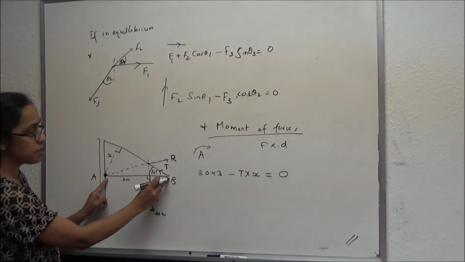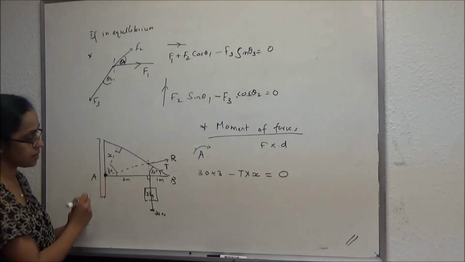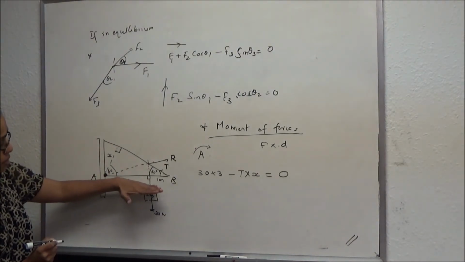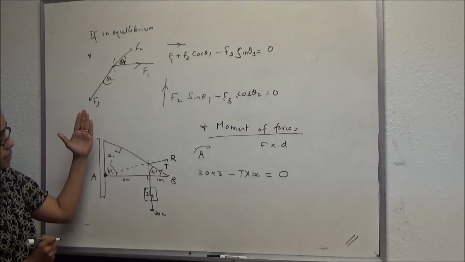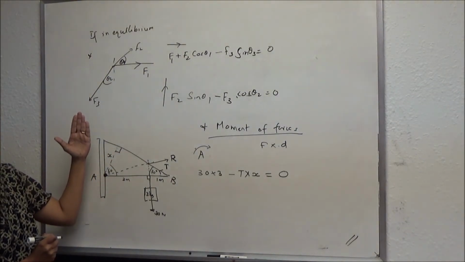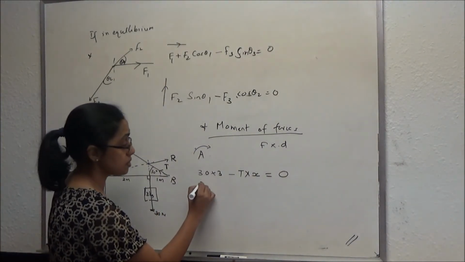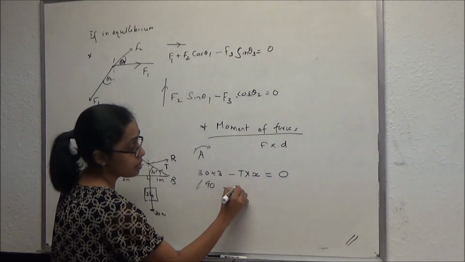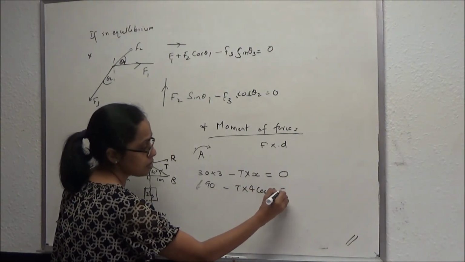So this distance is 4. Yes. And therefore this angle is 60. So x is 4 cos 60. 30, 60, 90. Do you understand? Yeah. So 90, t into 4 cos 60.